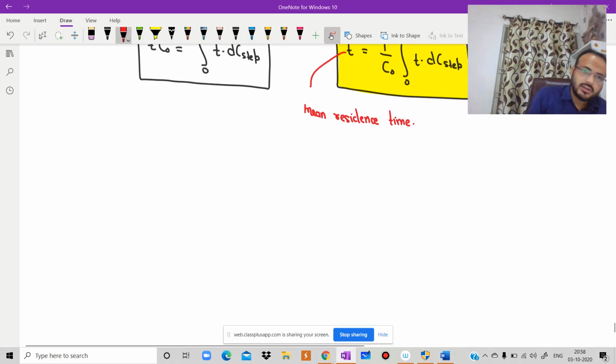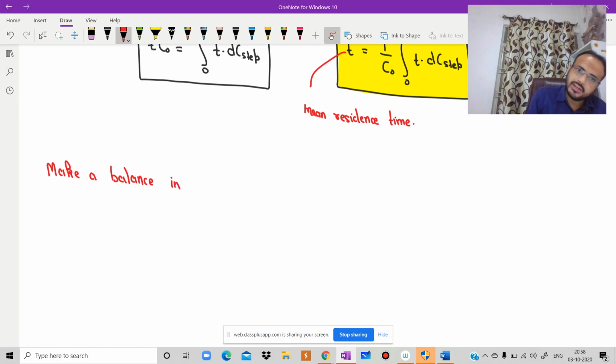Write down next one. Now we will make a balance in terms of tracer, not component, in terms of tracer.